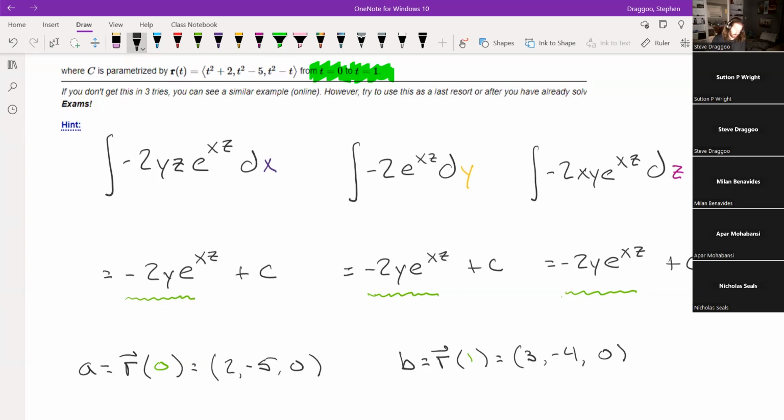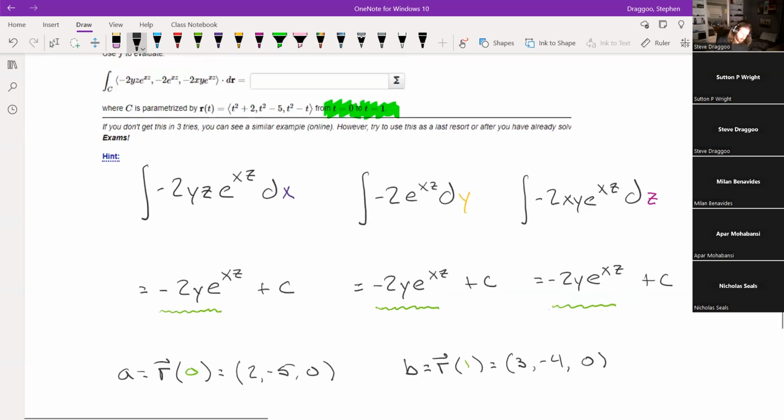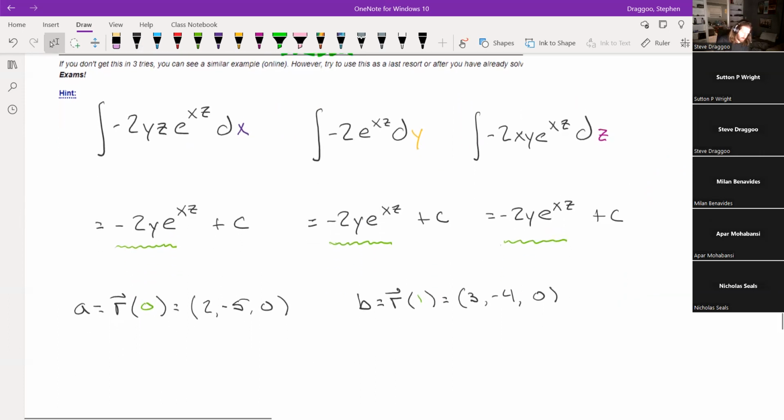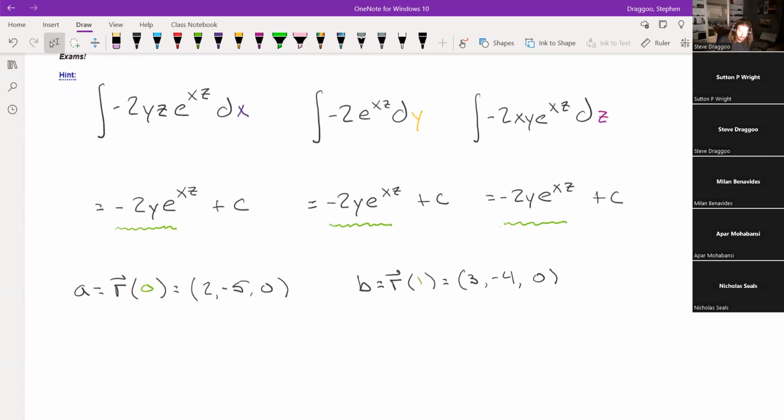All right, so then the fundamental theorem of line integrals, which is basically the fundamental theorem of calculus but for line integrals, says that if I'm integrating a function between a and b, then it's just equal to the integrated function evaluated at b minus the integrated function evaluated at a. So we're really just looking at f of b minus f of a.